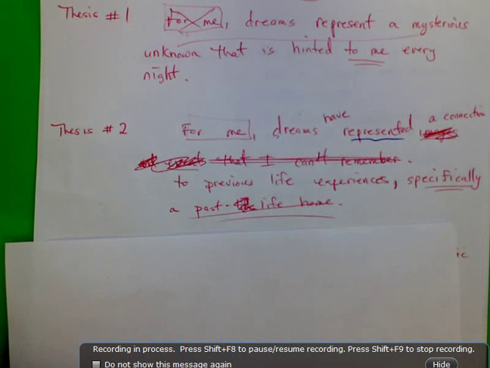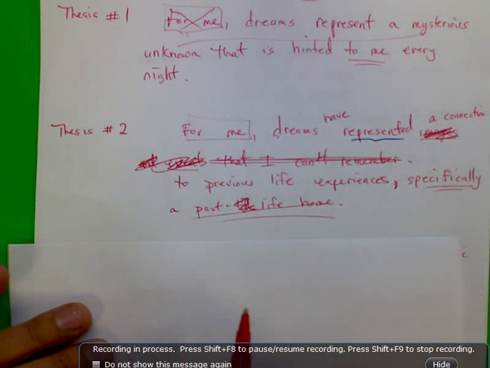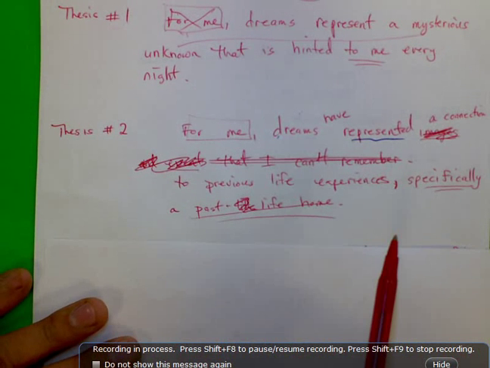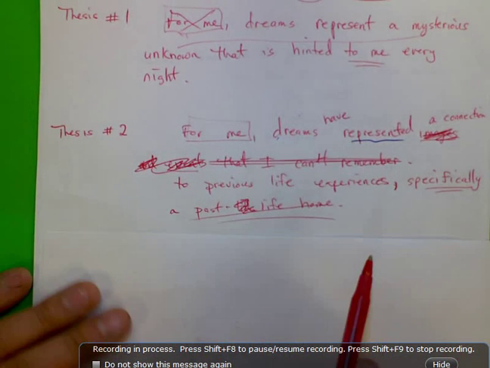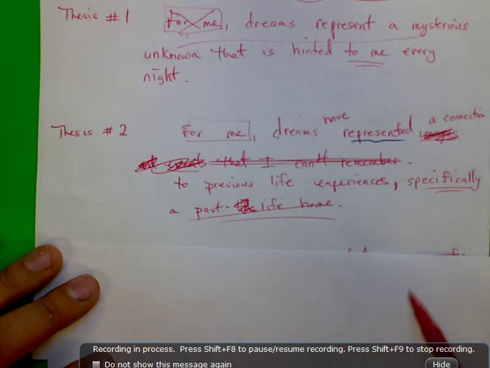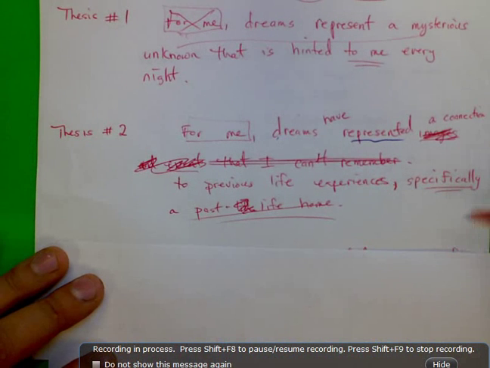So I've always wondered about that dream. Maybe I'm playing with some sort of past life experience, if you believe that sort of thing. I don't know. So that's where I'm starting to draw this thesis statement to.